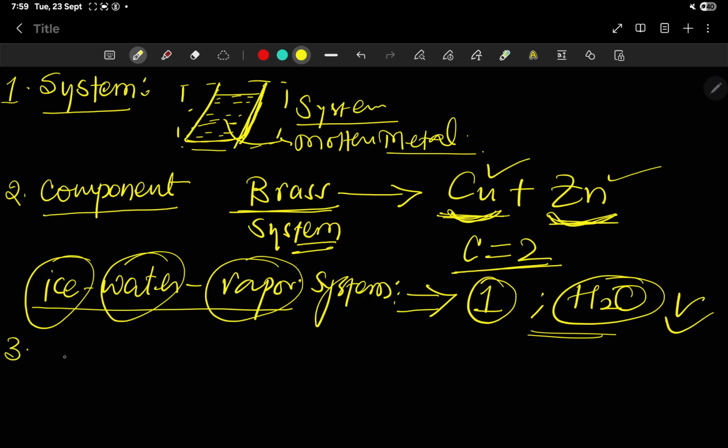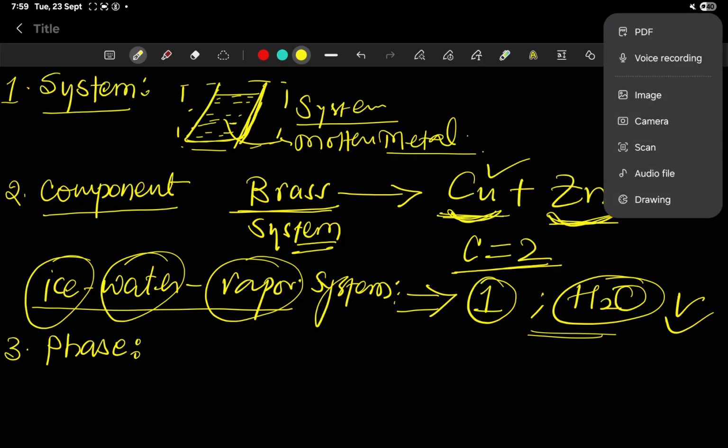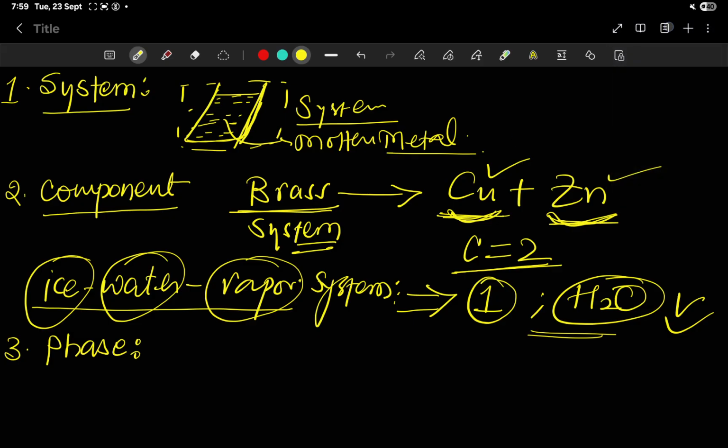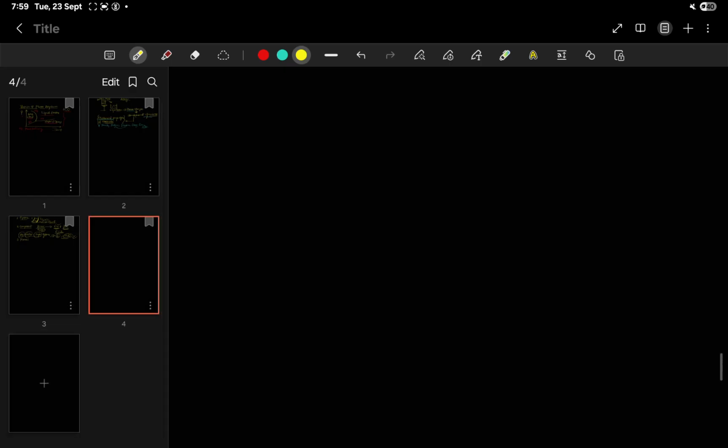Another point is phase. This is a very important definition. So let's try to understand it on a different page. So the third point is phase.